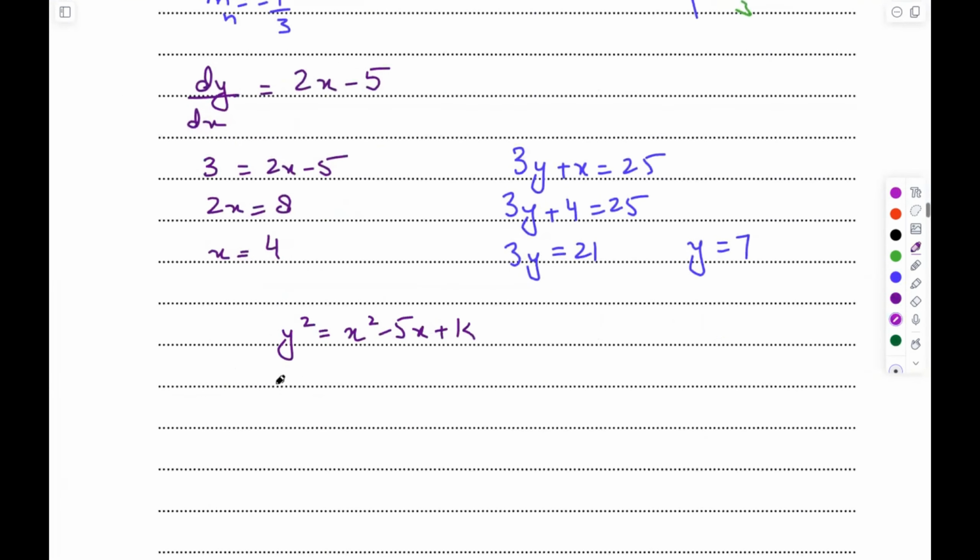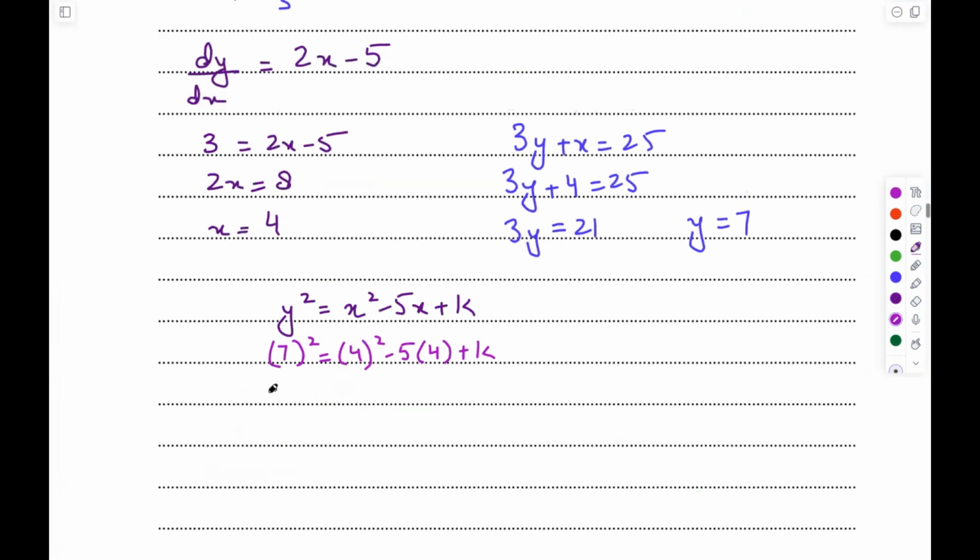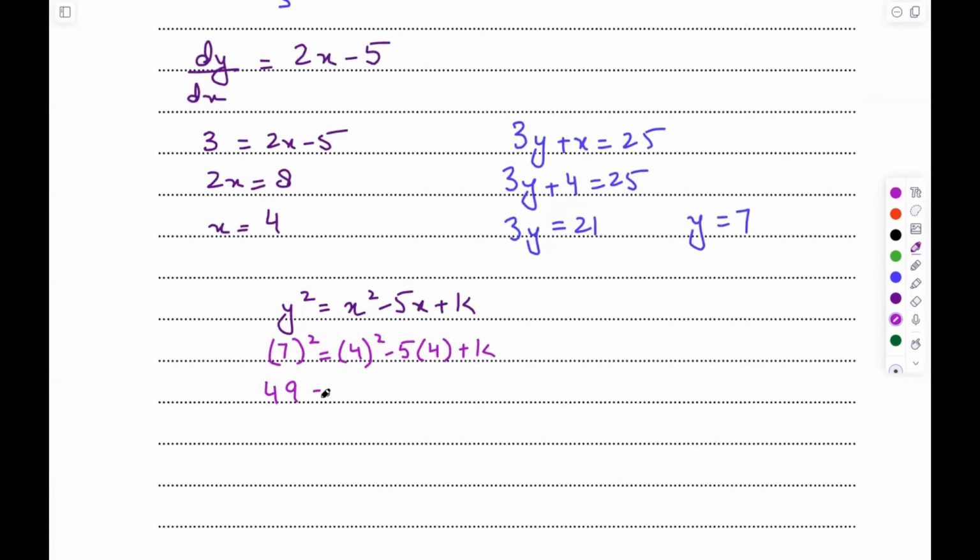So substituting, this will become 7 squared is equal to 4 squared minus 5 into 4 plus k. So 7 squared is 49. This will become 16 minus 20 plus k. So this will become 49 is equal to minus 4 plus k.